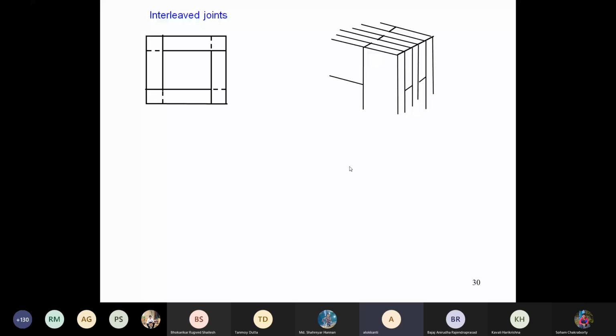Yes, next question. While joining in such a manner, will there be some gap in the middle, or not, sir? They will be in physical contact, as close as possible. They will be kept tight together.